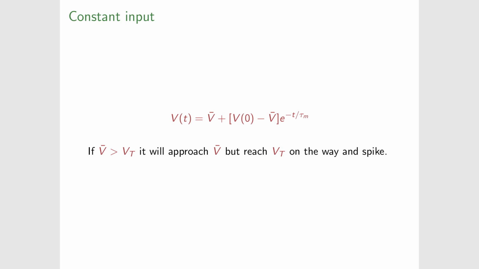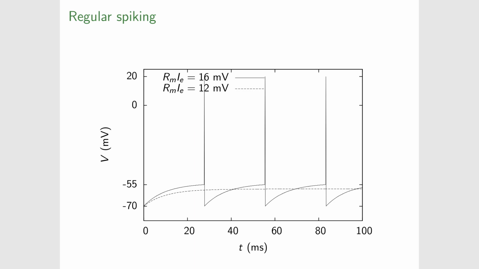Every time it approaches it, it's going to get reset back to the reset value. So the differential equation only applies between spikes, because at the spikes, V is reset by hand. And so we start the equation again with a new V0.